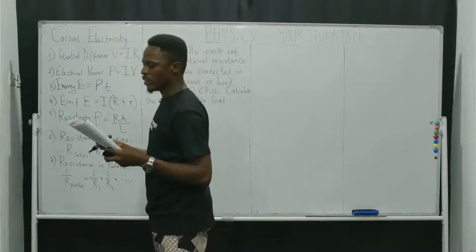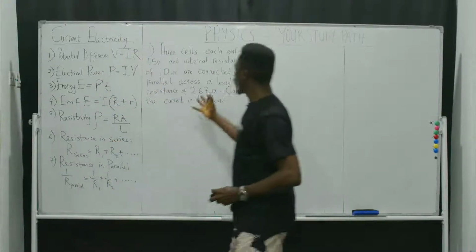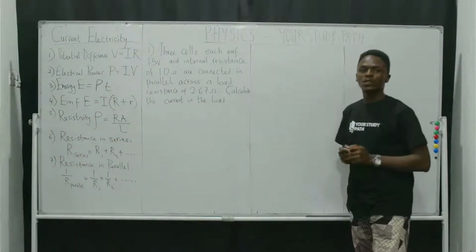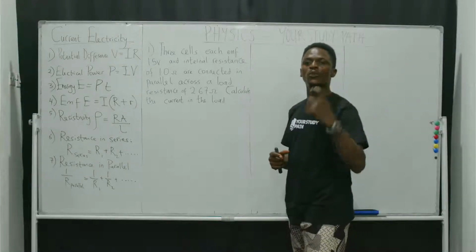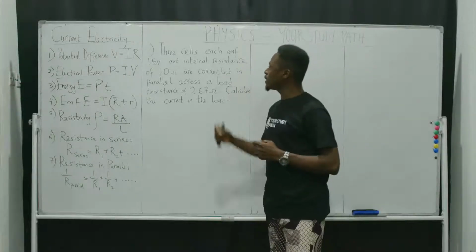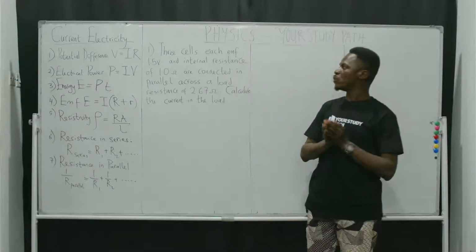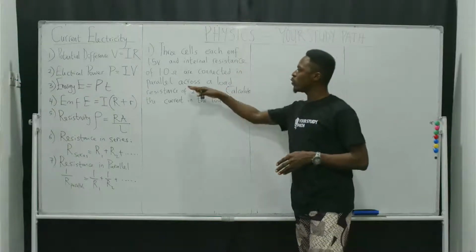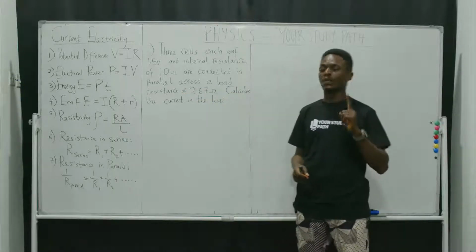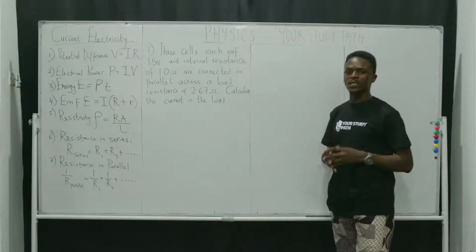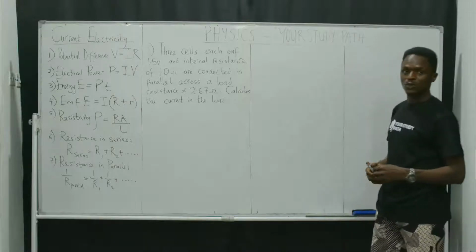So here we have the question before us. Three cells, each having EMF of 1.5 volts and internal resistance of 1.0 ohm, are connected in parallel with another load resistance of 2.67. So we are to determine what current would be available in such a circuit.